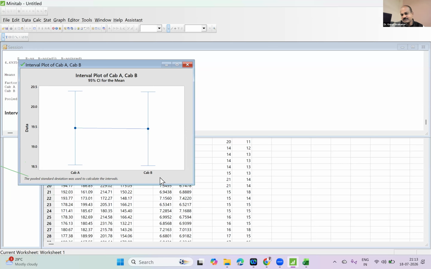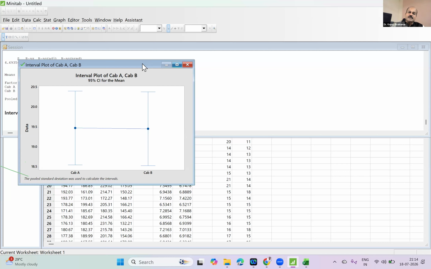Mathematically, there could be some difference, 1 or 2 minutes. But statistically, practically, we don't want to differentiate them. That means we want to continue the contract with both agents for maybe another tenure. Because we really don't see a significant difference in the performance.